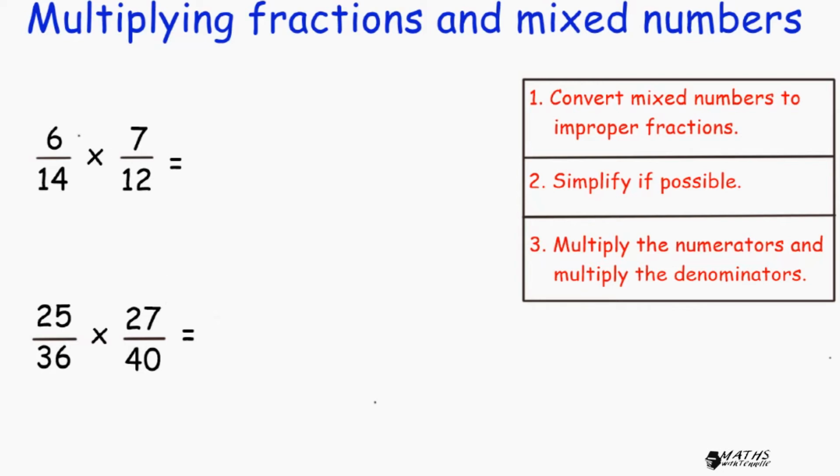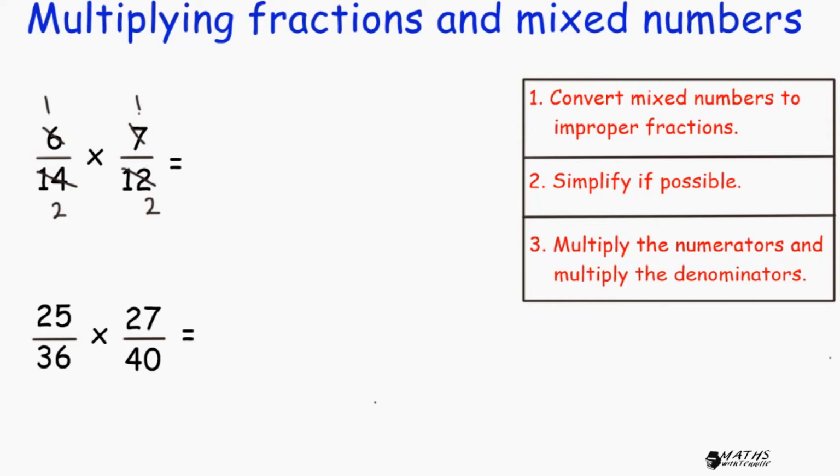You can simplify any numerator with another denominator. For example, I can say that 6 and 12 have a common factor of 6. 6 goes into 6 once, and 6 goes into 12 2 times. And I can look at the 7 and the 14, and I notice they both have a common factor of 7. 7 goes into 7 once, and 7 goes into 14 2 times.